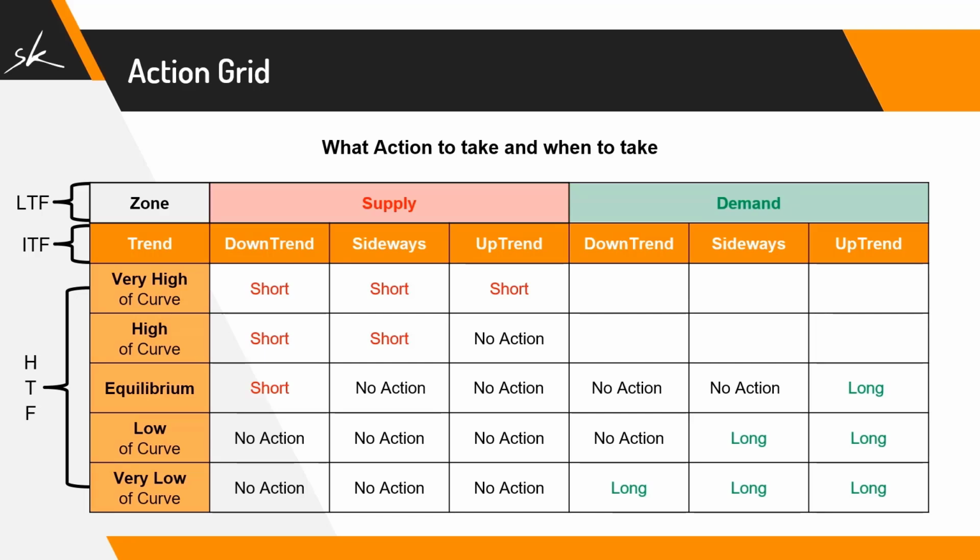When a demand zone is located high of the curve, it means we are now close to higher time frame supply or expensive price. We will never make the novice mistake of buying at expensive price. Therefore, our action will be no action, be it uptrend, sideways or downtrend. The same will hold true for very high of the curve: no action, be it uptrend, sideways or downtrend.